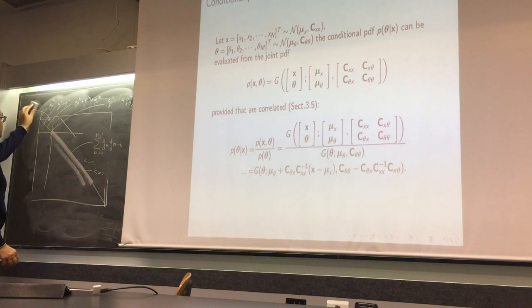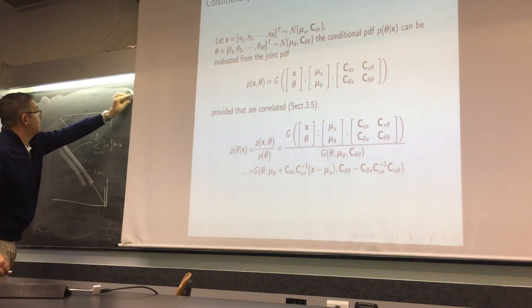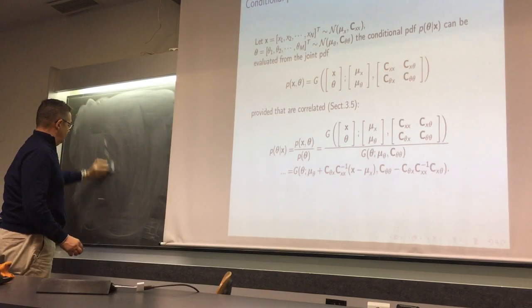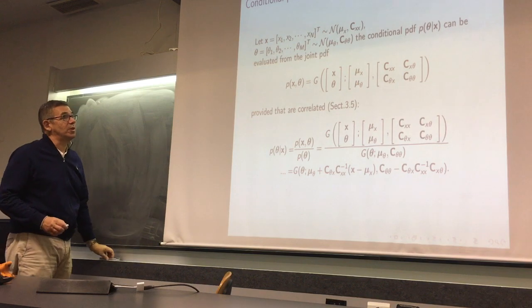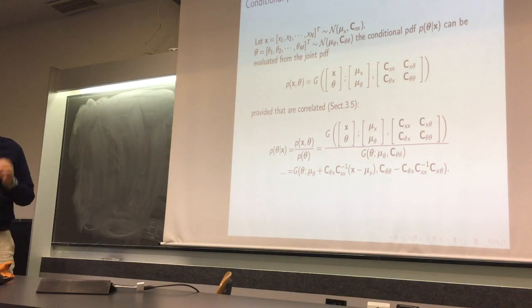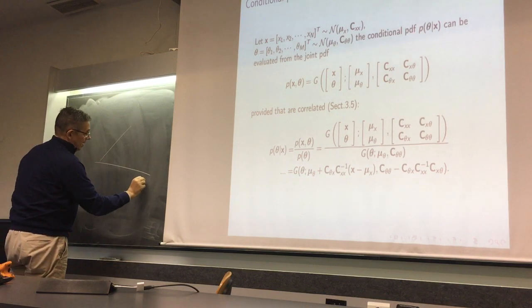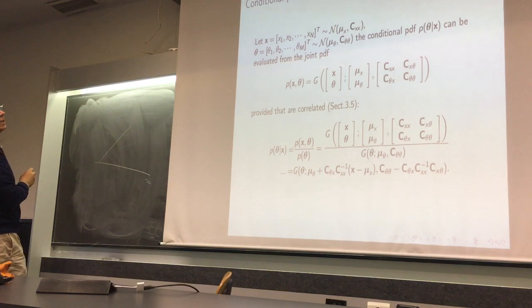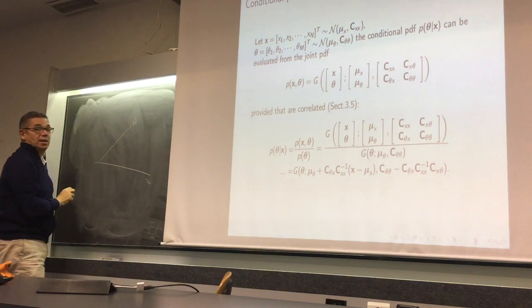What I want to get is the following. Assuming that I have a joint probability density function that is Gaussian. Let's make it very simple. That is not vector. These are two scalar values. Okay? So imagine that I have x and, what's it called, theta. Okay?